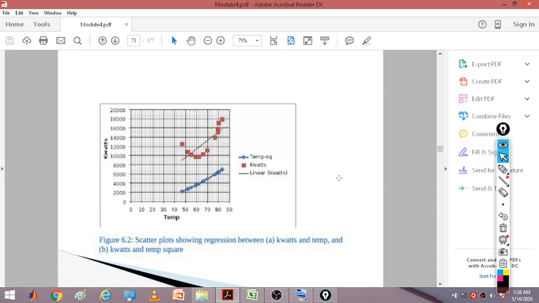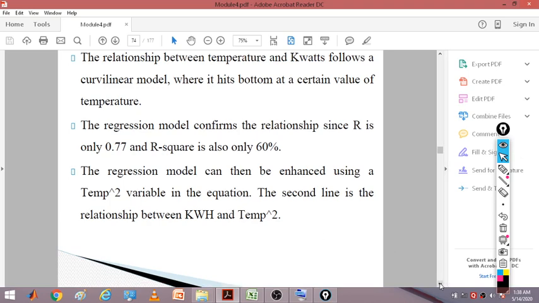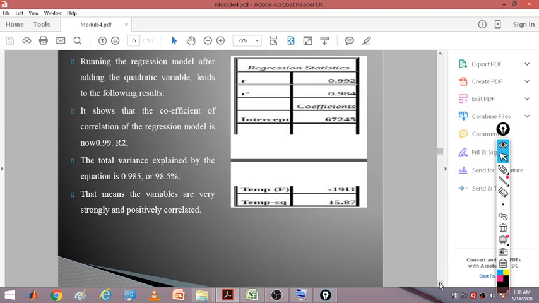Now if I add the squared temperature value to the feature set and run the regression model, then we get better results. So the regression model can be enhanced using a temperature square variable in the equation. The second relationship shows kilowatts against temperature square, where the model is enhanced and we get better results. Now running the regression model after adding the quadratic variable leads to the following result.